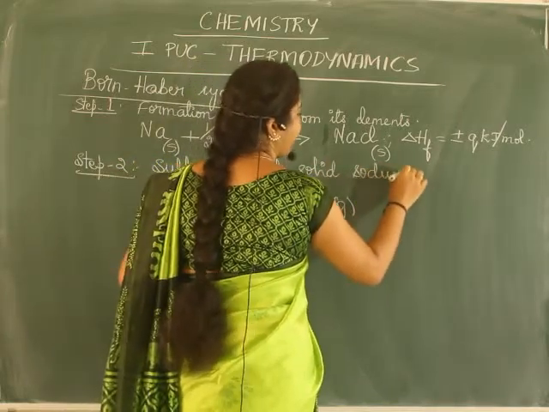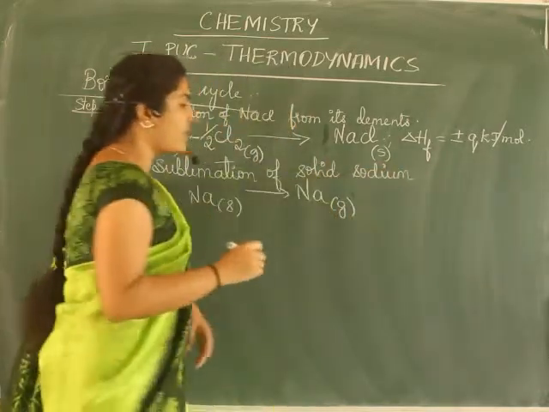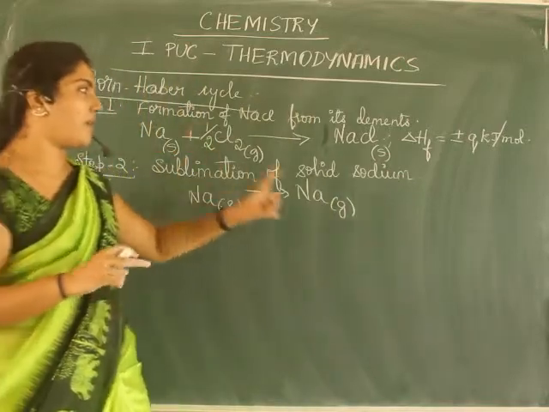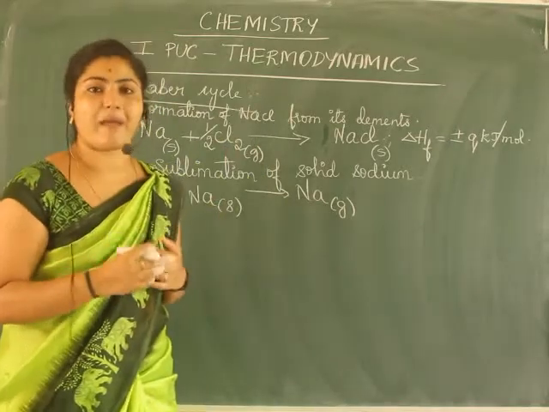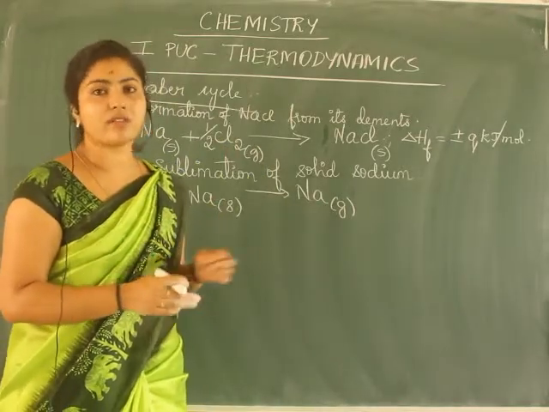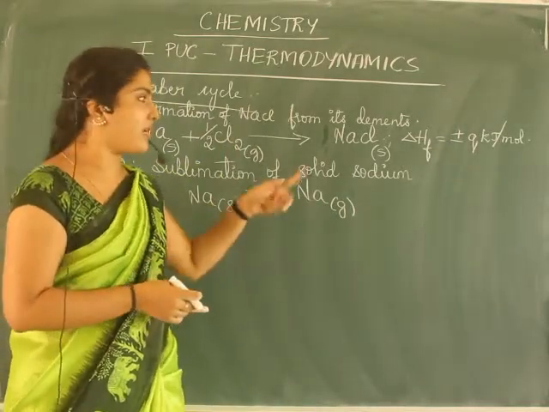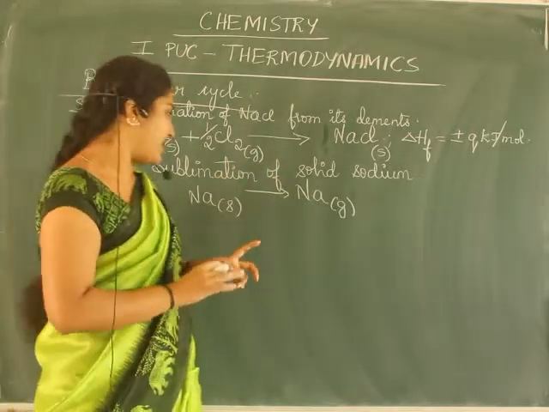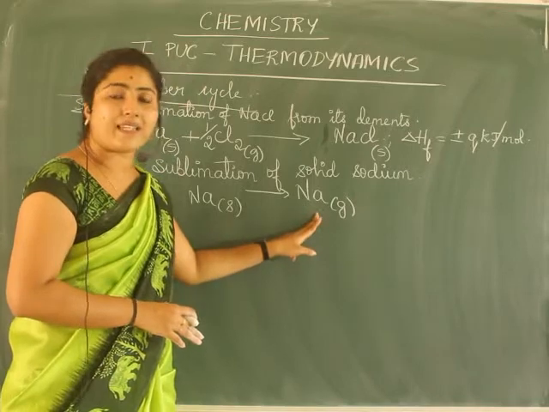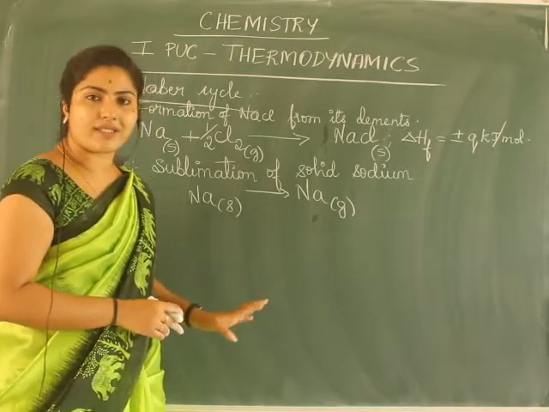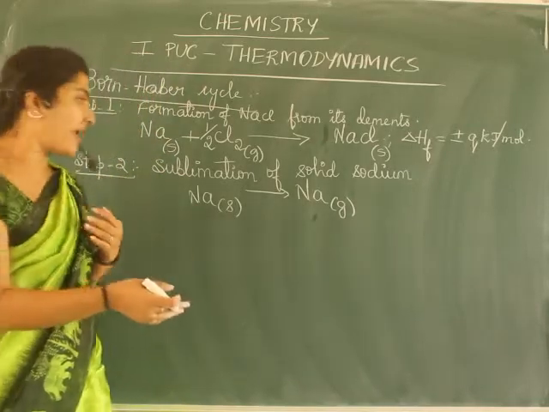I am trying to simplify the concept, so I am generally representing it as plus or minus Q kilojoule per mole. Every step has its own enthalpy value. So if you remember, you can write the same. Otherwise, I am just representing it here. Sodium is converted into its gaseous form. That means sublimation is taking place directly from solid form to gaseous form.